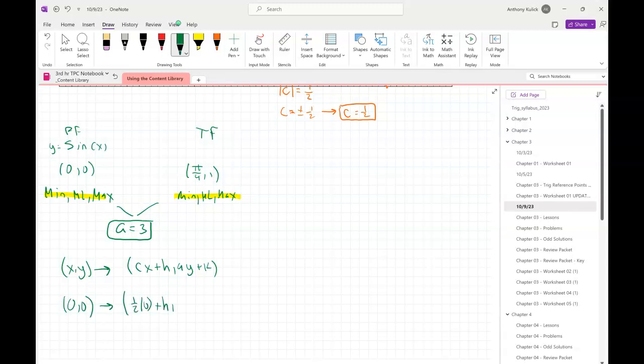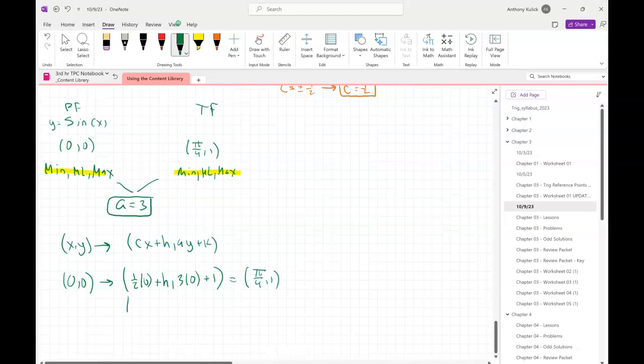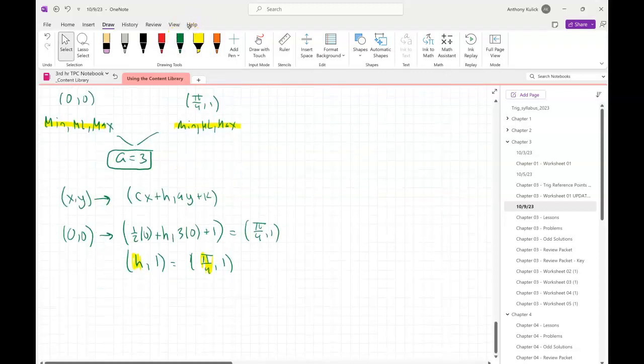When I plug in my values for A, C, and K, I don't know H yet. That's all got to equal pi over 4 comma 1. So we end up with H comma 1 should equal pi over 4 comma 1. So H is pi over 4.